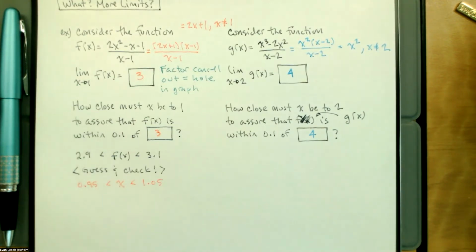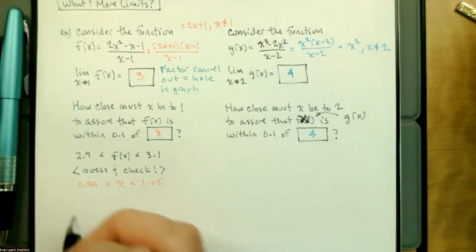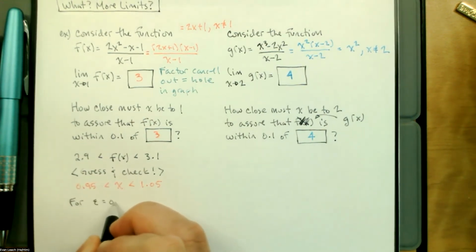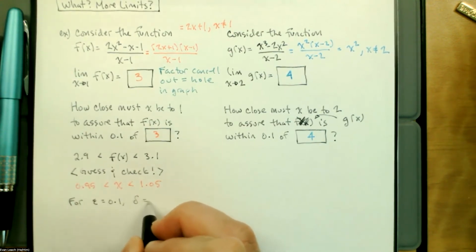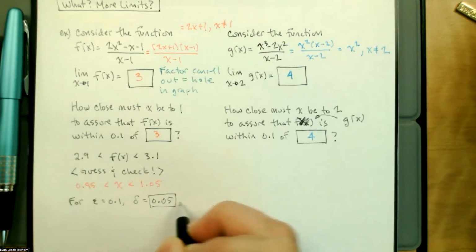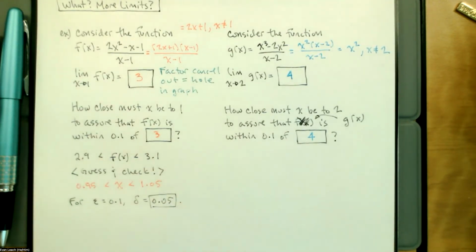So in terms of the definition of a limit, for an epsilon of 0.1, our delta is 0.05. If x is within 5/100ths of 1, then f of x will be within 1/10 of 3.